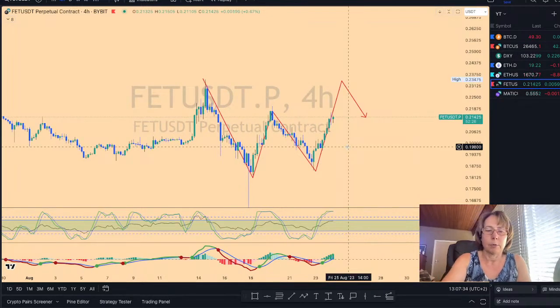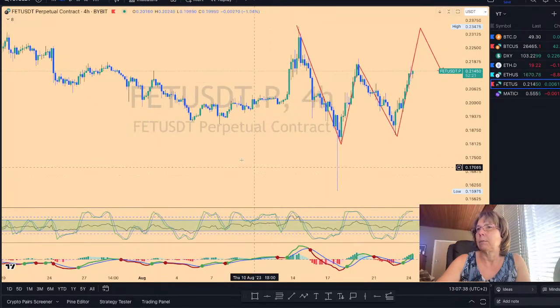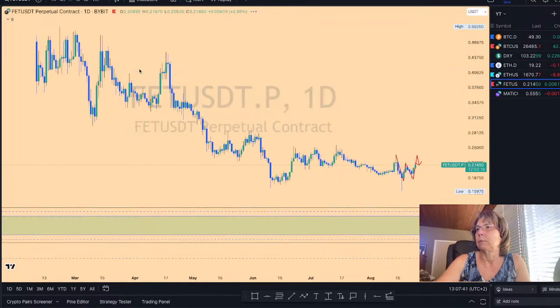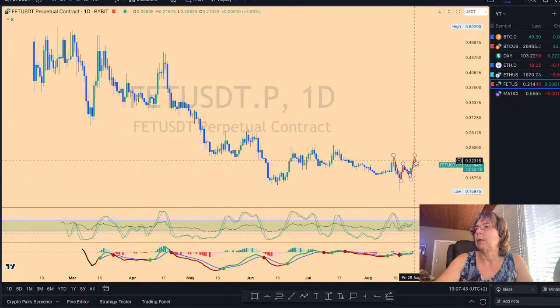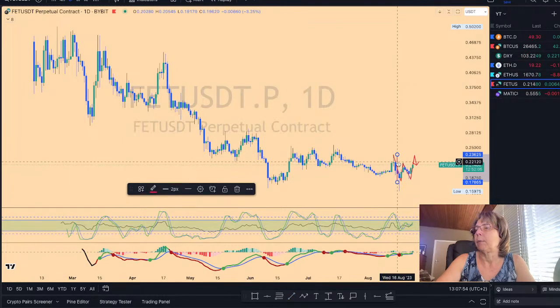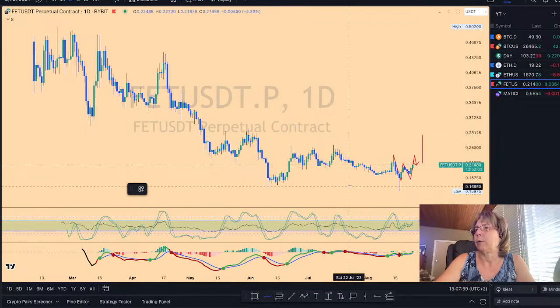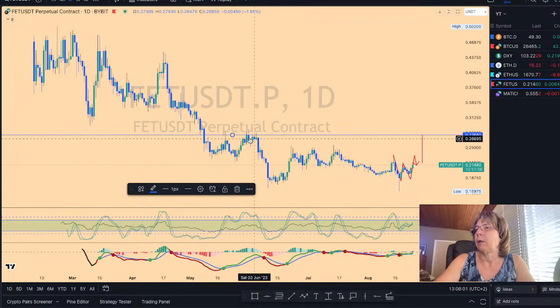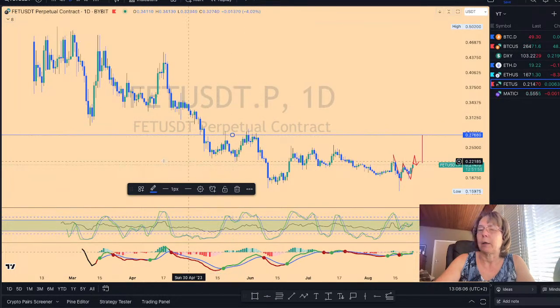I just want to show you on the daily where it can go. You can see the technical target is the depth of the W, which will more or less, if it breaks out, take you over there, and if you pull a line right there, you will see it coincides with the support resistance in that area.